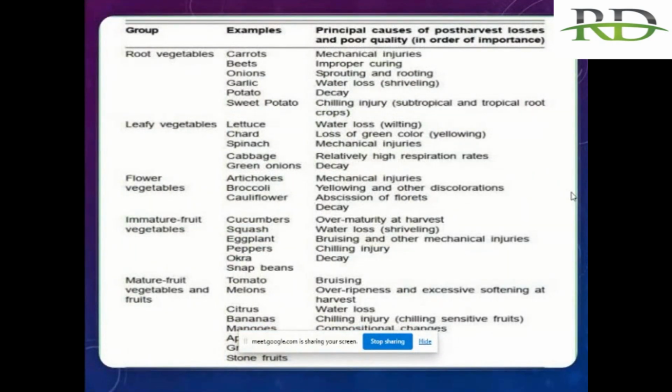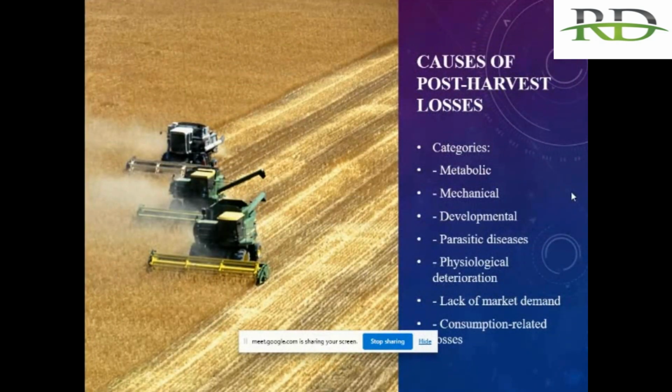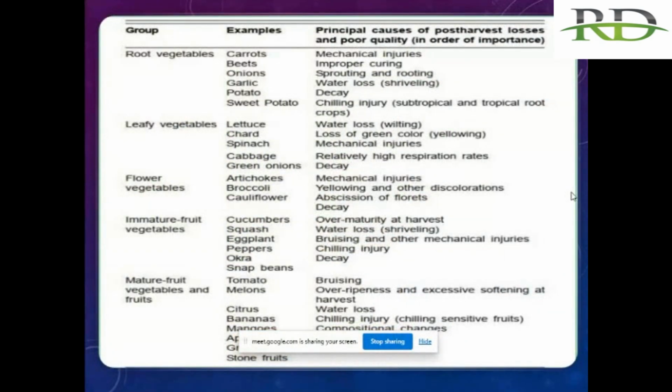Now we have discussed the causes of post-harvest losses. These were the reasons, these were the types, mechanical, metabolic. Now we can see that there are groups of vegetables and flowers, and their principal causes of post-harvest losses, which are very principal ones.